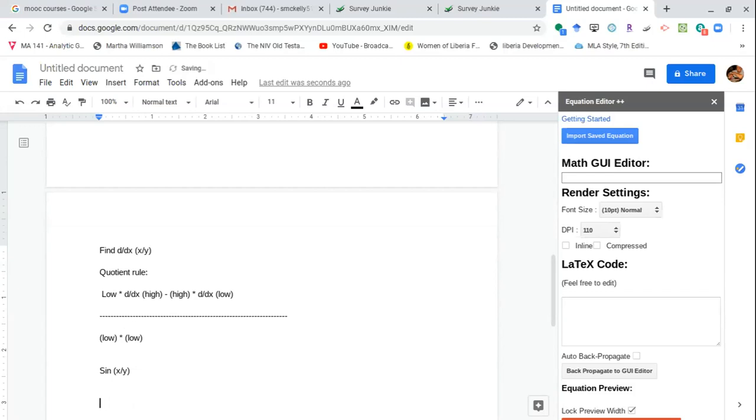If I had something like the sine of xy, and I was dividing it by, say, cosine of x, then I would have the chain rule here, a quotient rule for the argument, and then a quotient rule for the outside.